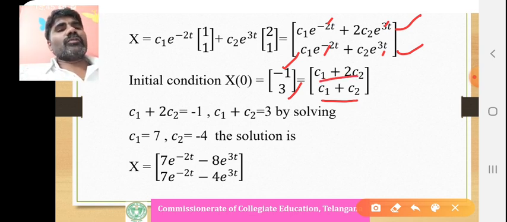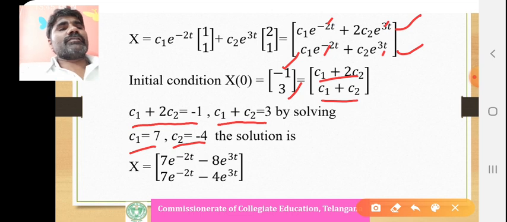Now equating both sides, we get c1 plus 2c2 equals minus 1 and c1 plus c2 equals 3. By solving these equations, subtracting the two, we get c2 equals minus 4 and c1 equals 7.